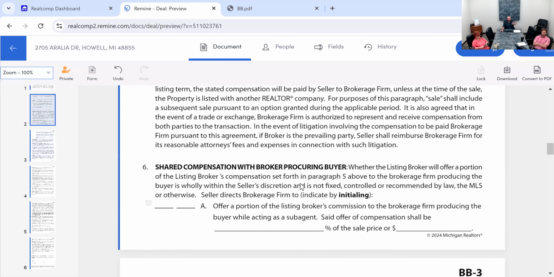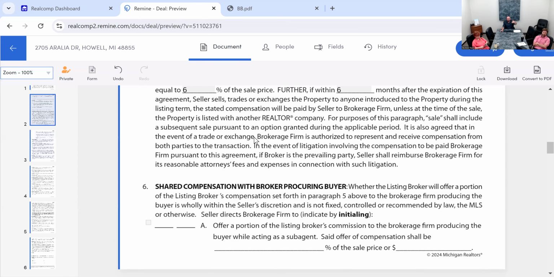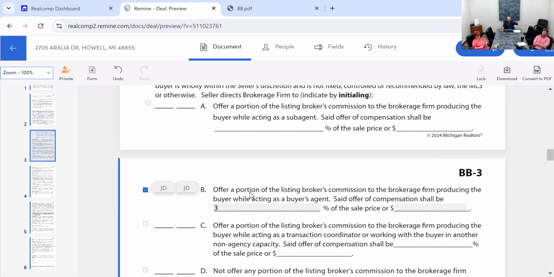So of the 6%, we're only actually giving away 2.5. So we get to keep the remainder. In theory, we're keeping the remainder of what's not shared. And so we could get 3.5 then, if the buyer's agent is only getting 2.5 because they signed a buyer contract at that.